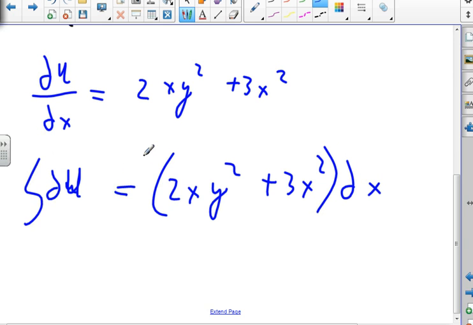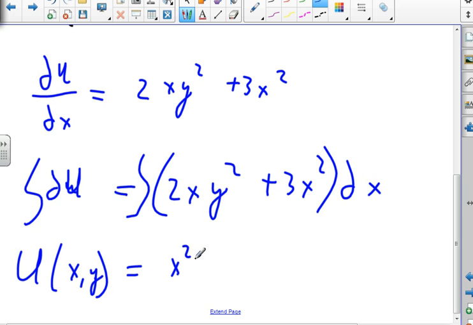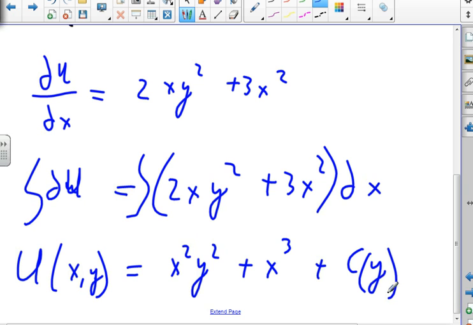Integrate both sides. So u of xy is equal to x squared y squared plus x cubed plus some constant in y only.